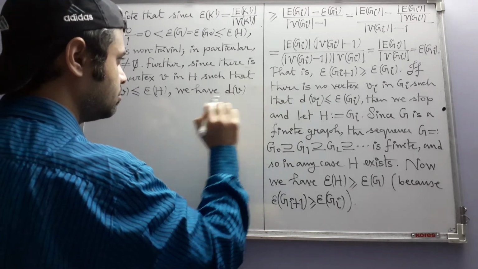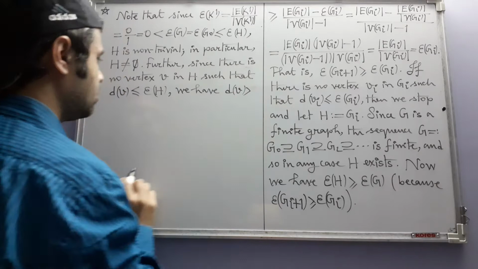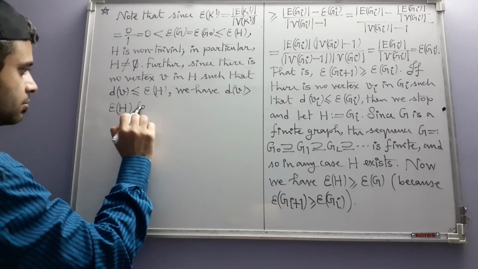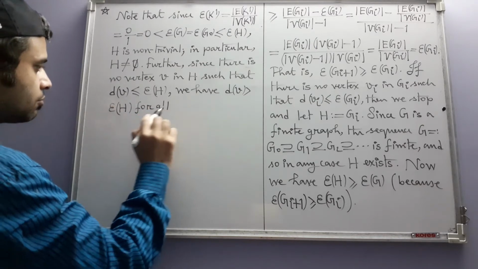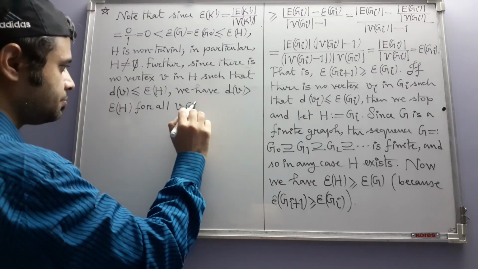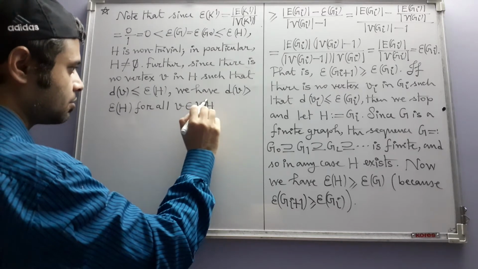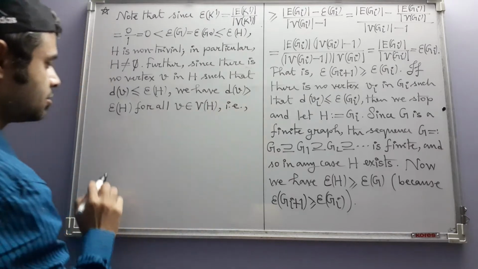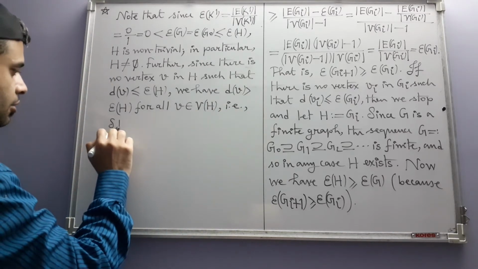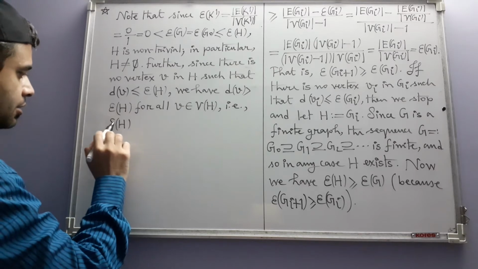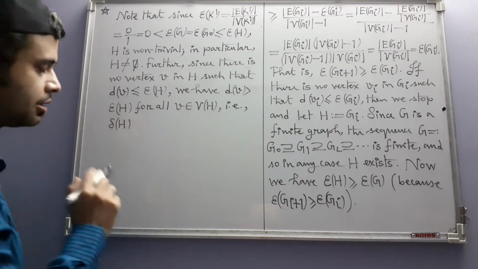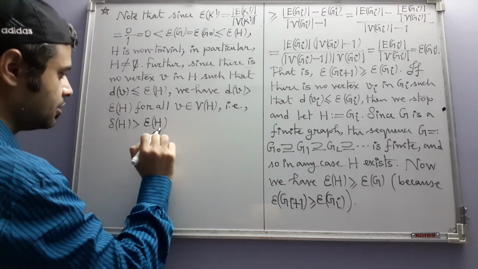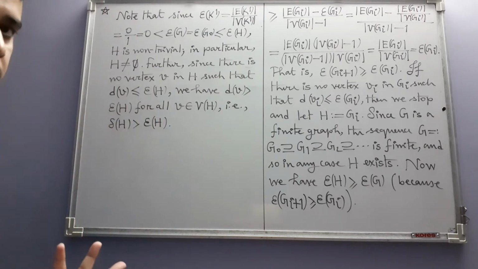Degree of v strictly greater than epsilon of H for all v belonging to the vertex set of H. That is the smallest degree of H, which also is ultimately the degree of some vertex, strictly greater than the average degree of H. So this is the first inequality that we wanted.